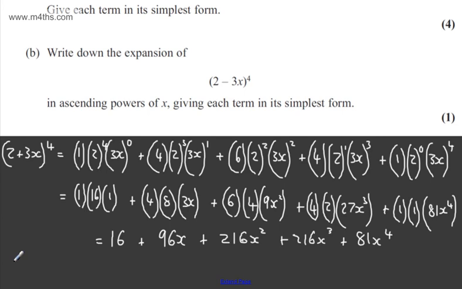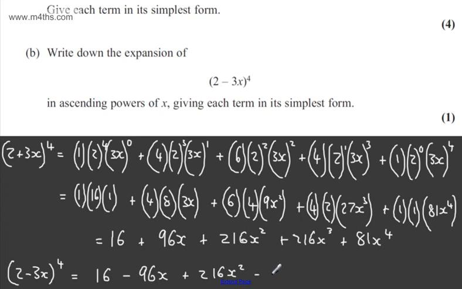So what we can simply state then is (2 minus 3x) to the power of 4 will be equal to 16, and instead of plus, this will be minus. So what we're going to have then is minus 96x. The squared term will be positive, as we've got now an even power and a negative, so that will be positive.